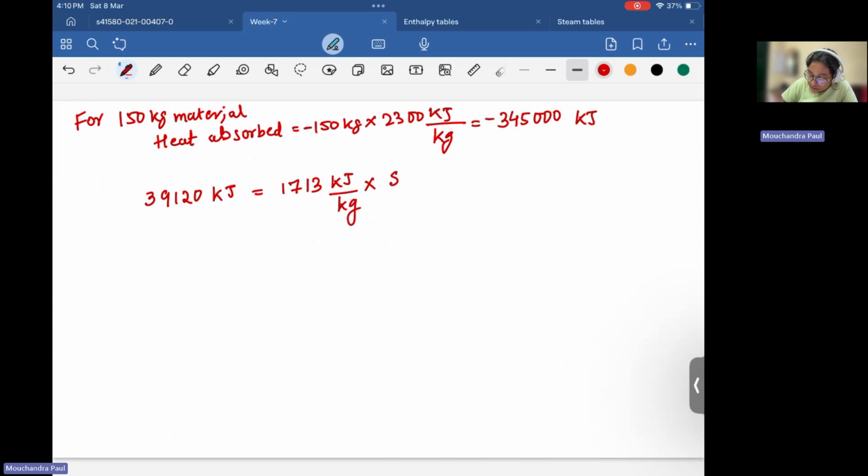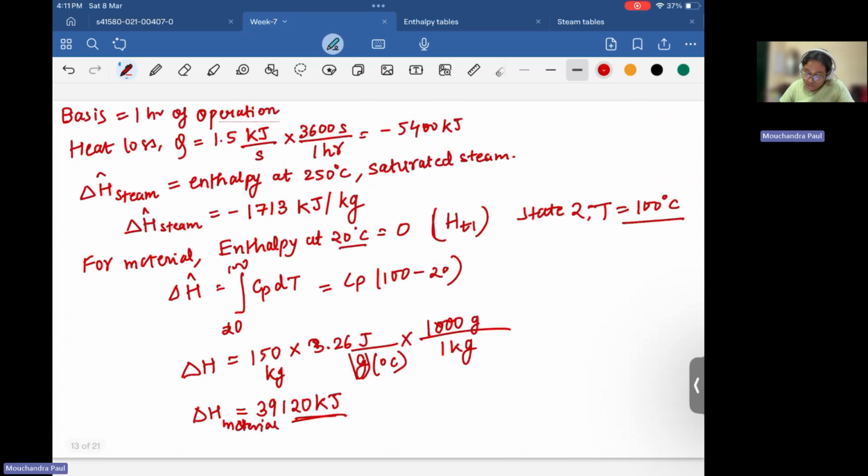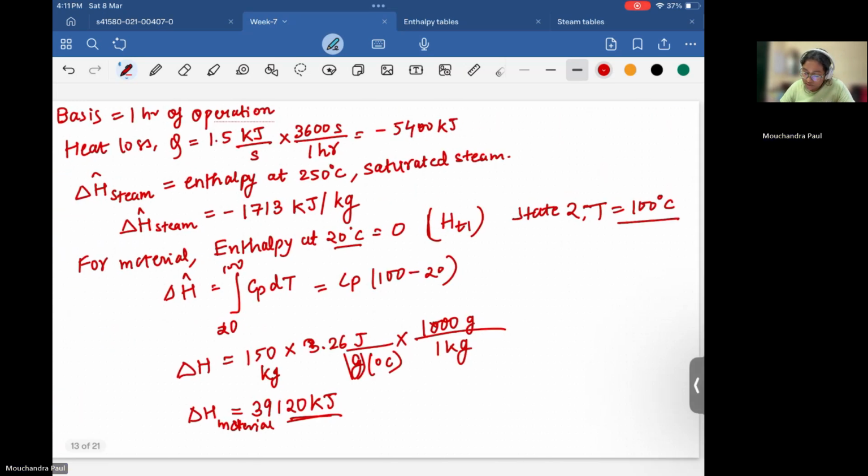Now here, this net change is for S kg. Let's consider a variable S. So for S kg of steam, we don't know the weight of the steam. And there is loss of heat as heat being absorbed by the material, and there is a loss of heat due to the operation to the surroundings.